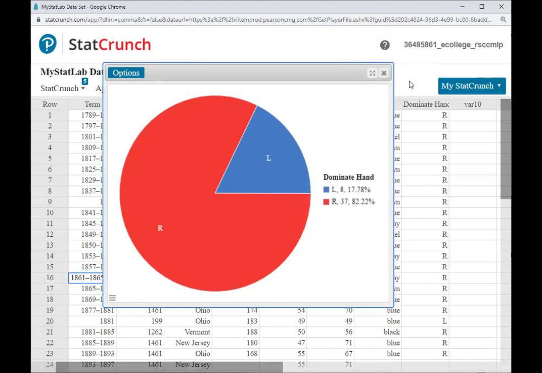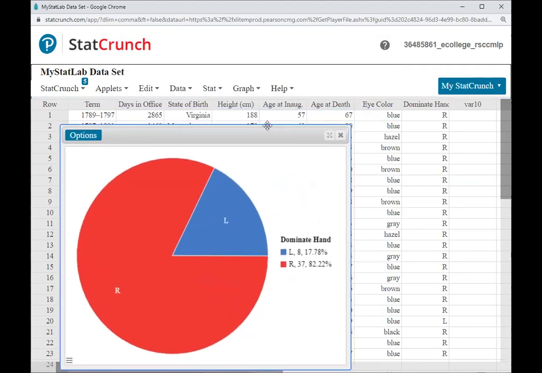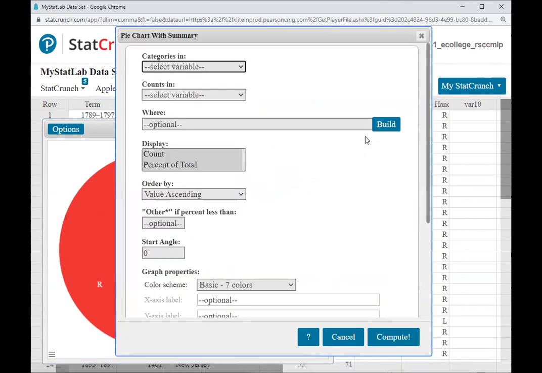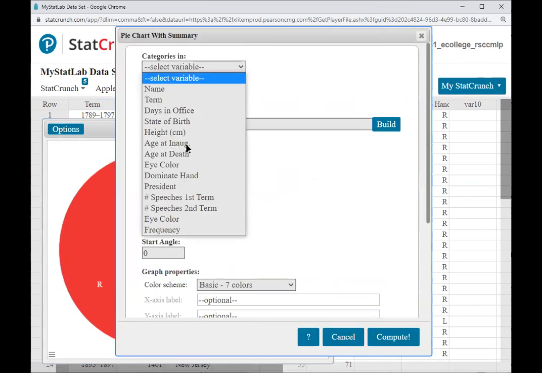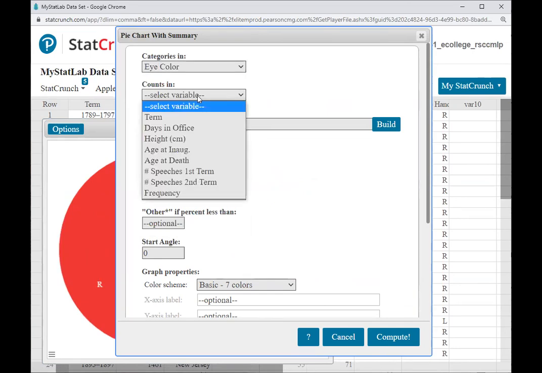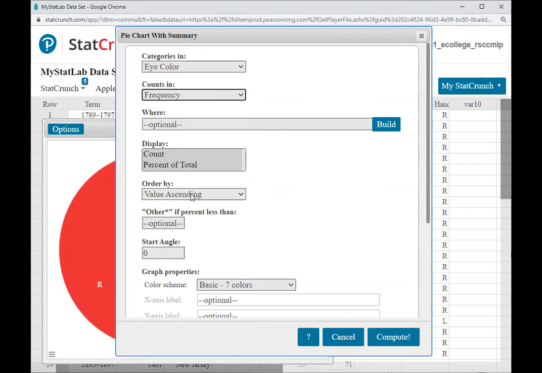We could also get a pie chart, I'm just going to leave this up here, from our summary. So if I do a pie chart with summary data, well, if my categories, I'm going to have to go all the way down to eye color because that's the only one I have summarized. So eye color with our counts are in frequency.